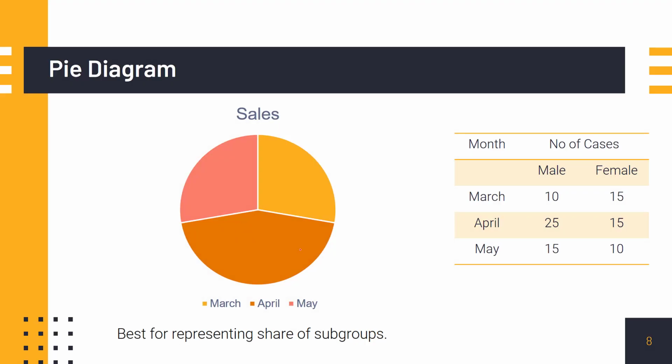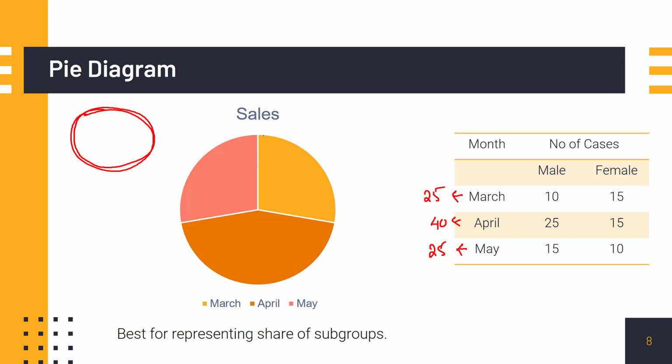Now what is a pie diagram? A pie diagram is a division of a circle. We divide the area of a circle according to the proportion of the frequency, right? So in the month of March we have 25 patients, here we have 40 patients, and here again we have 25 patients.